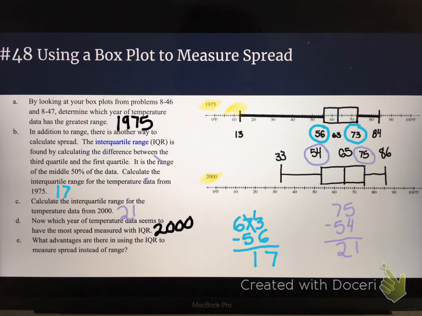So it's not using any of these data points here, or the high points, maybe there was an outlier on the upper end of the data. But IQR basically just takes the middle half of the data, so it's not affected by any of the outliers, so it won't make the range seem really big if there are outliers present.